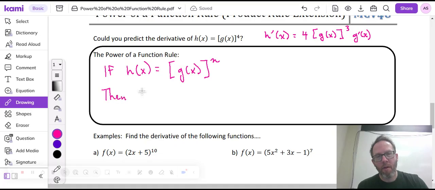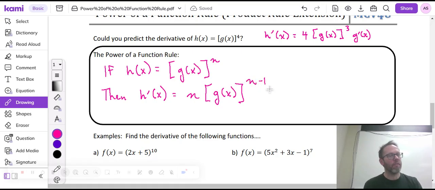Then h prime is equal to, you bring down the n, you leave the inner function alone, you take 1 off the exponent. Again, you guys are used to doing this. And then you multiply by the derivative of what's on the inside. And I think that's kind of neat. We just proved this by just using the product rule from yesterday. So things are ramping up quickly, but they're ramping up in a nice natural way where it just feels good.